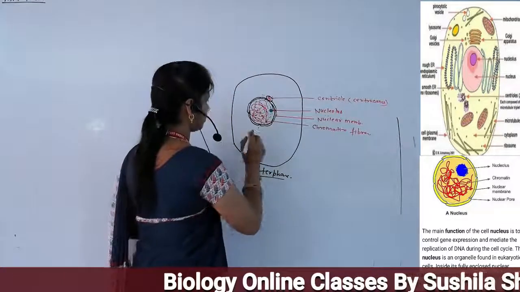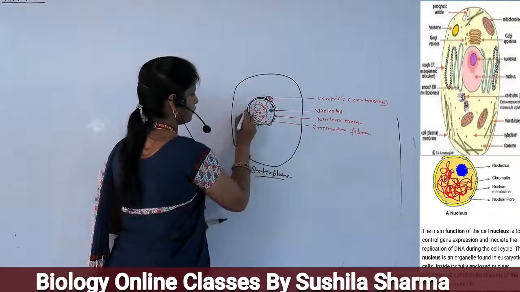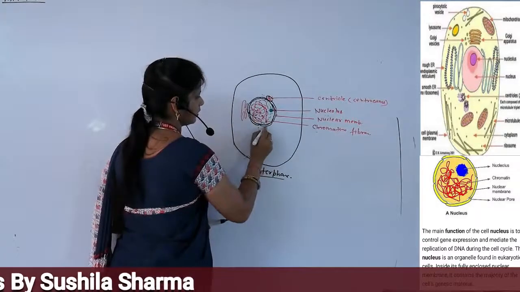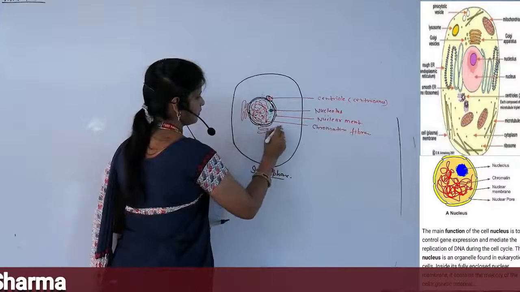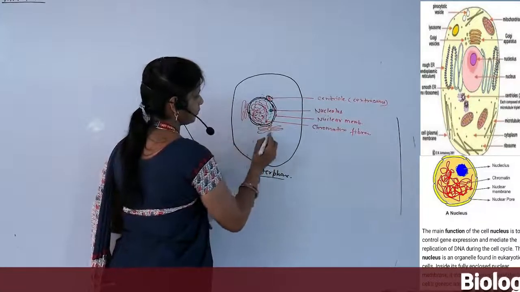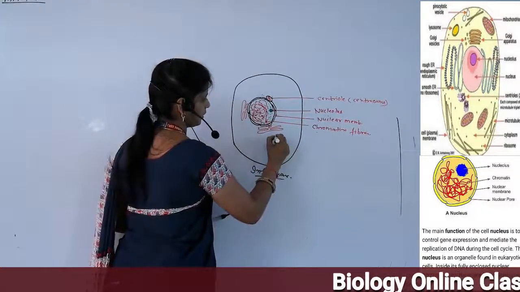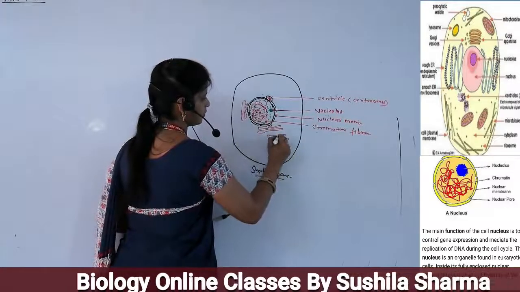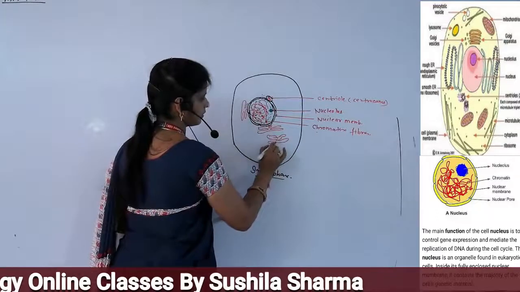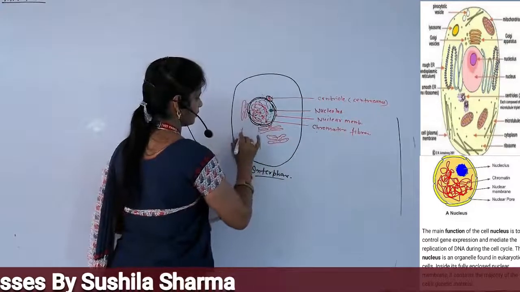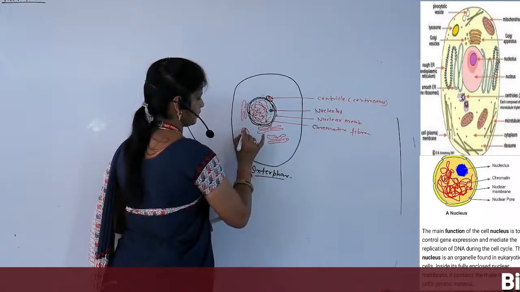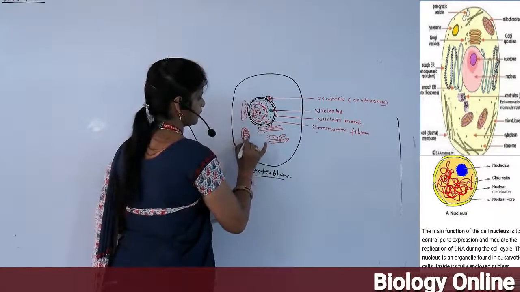Other complete organelles are also present near the nuclear membrane. Golgi, endoplasmic reticulum is present, and after here Golgi apparatus is also present. Mitochondria are also present.